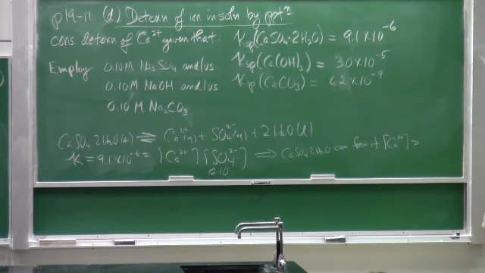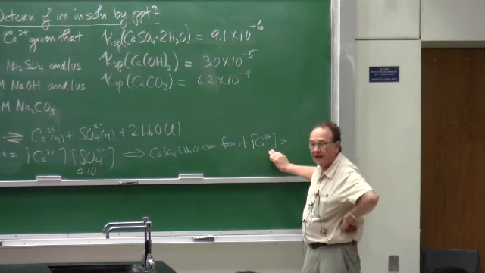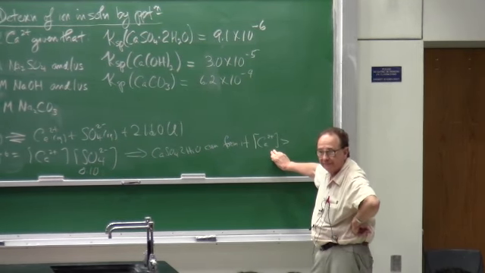Calcium sulfate will have a chance to form in this system if the calcium ion molarity is bigger than what number?